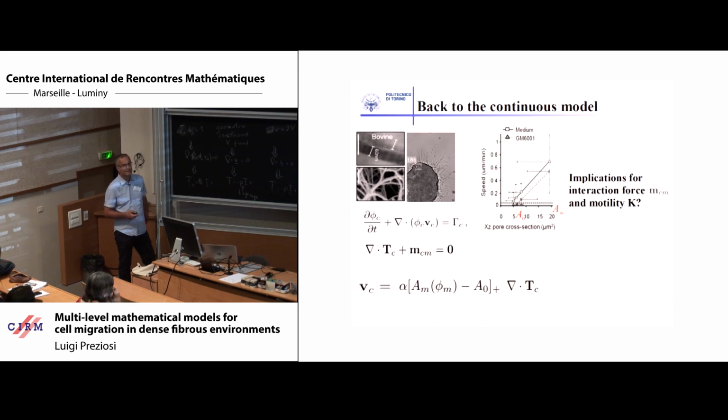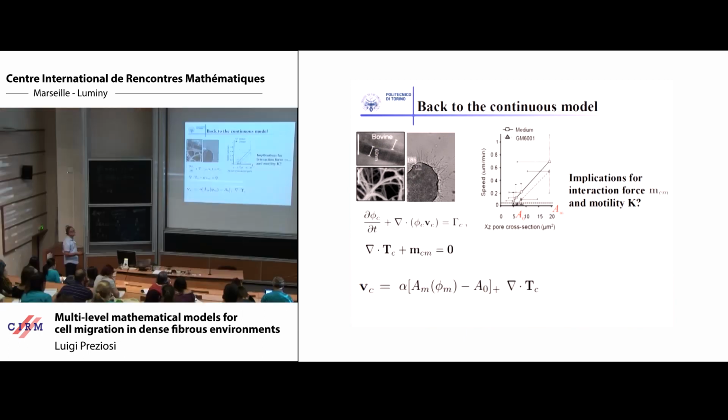This plus is the positive part of the parenthesis, so it's 0 if the argument is negative. If AM is below A0, there is no motion. Then you start, for instance, as a straight line, so the velocity is proportional to the difference between AM and A0. So this function mimics this discontinuous function.